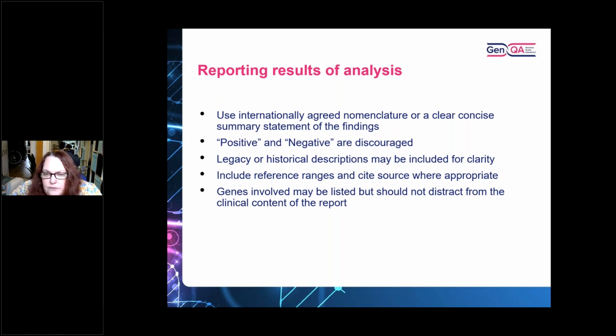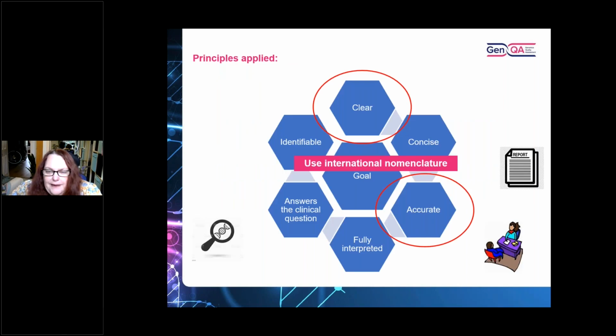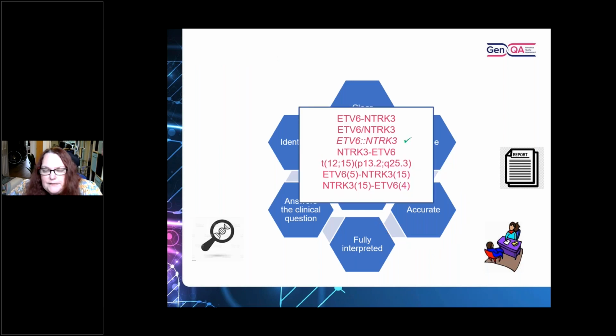So next slide. I'm going to talk about why we need to use nomenclature to report accurate results. I've got a couple of examples that I can show you. So next slide. This is some examples of how we had the same fusion transcripts reported in one of our sarcoma EQAs, in fact it was the NTRK EQA, I think. It is an NTRK fusion that's found in sarcomas, and laboratories reported it in all these different ways.